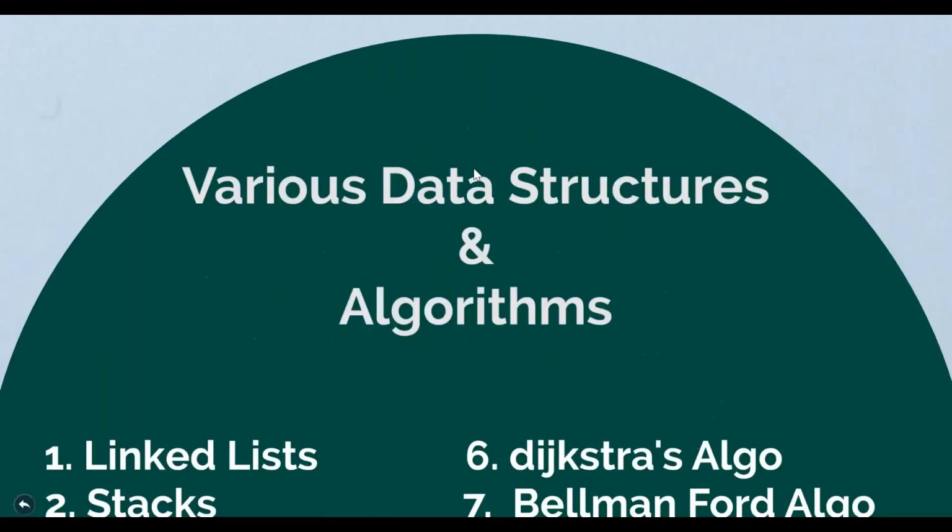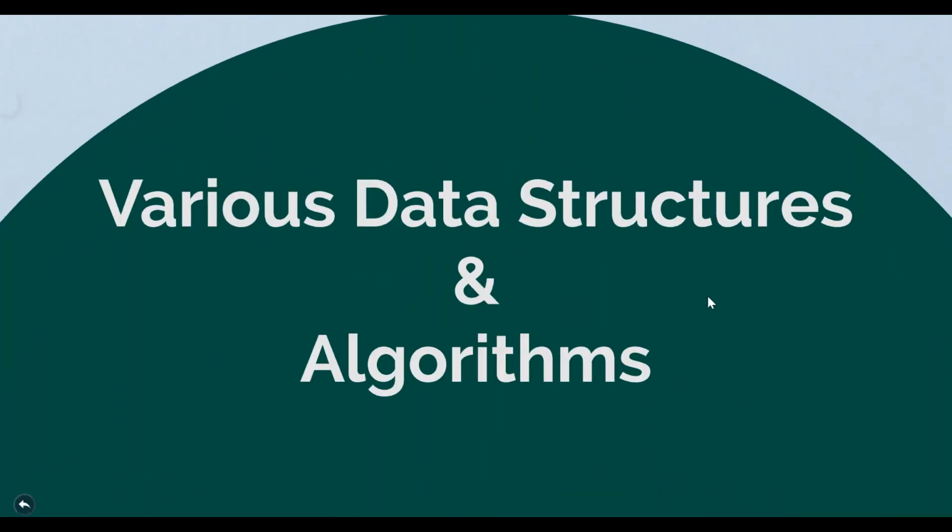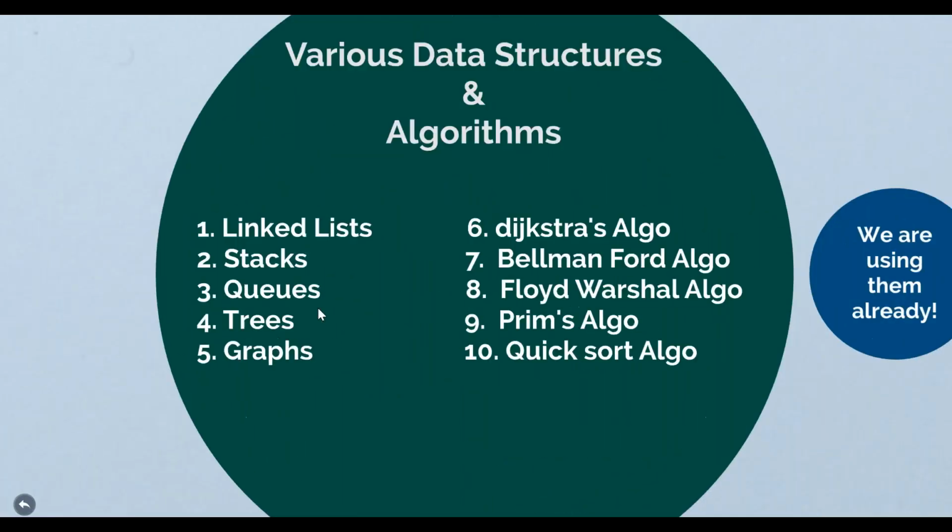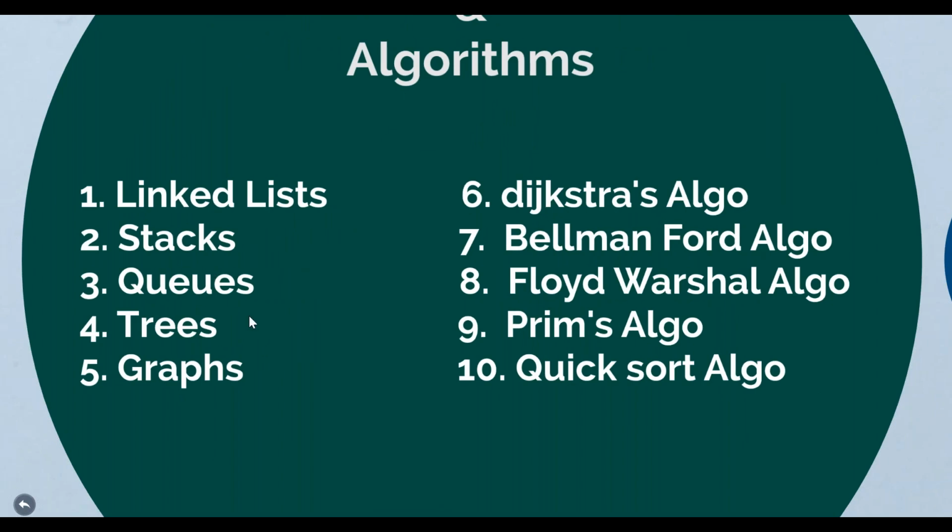Now, what are the various data structures and algorithms that we need to learn, that are asked in the interviews, or that are required for you to say, yes, I have good knowledge of data structures and algorithms? On the left side, I'd like to present the data structures: linked lists, stacks, queues, trees, graphs. There are others, but these are very important. And if you go to algorithms, people ask, what is Dijkstra's algorithm?